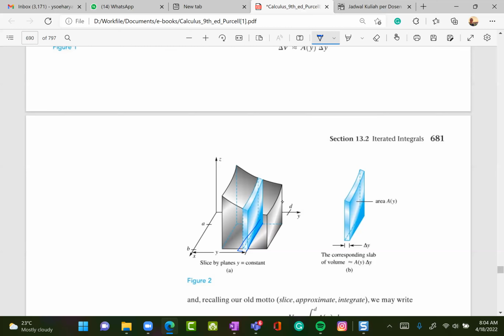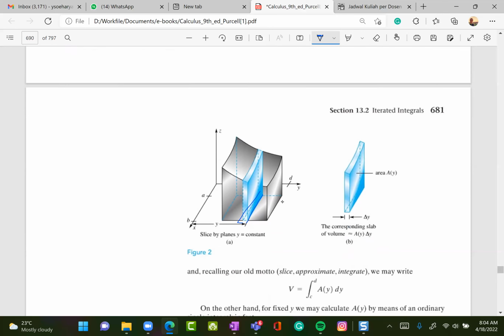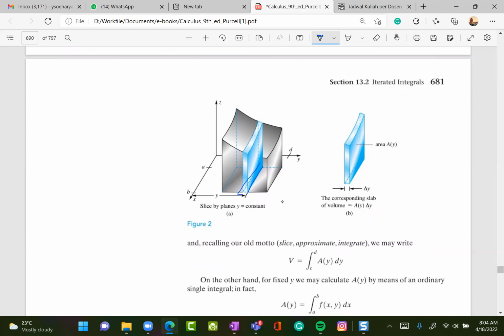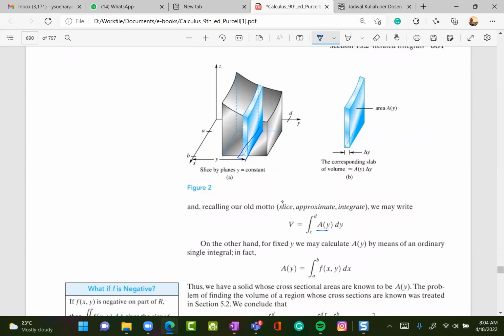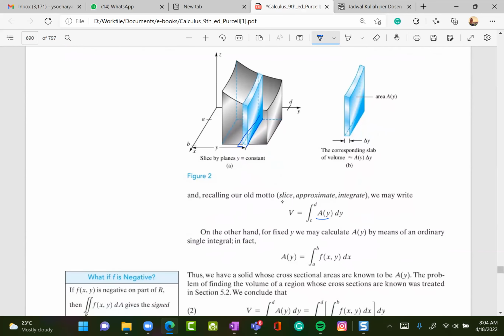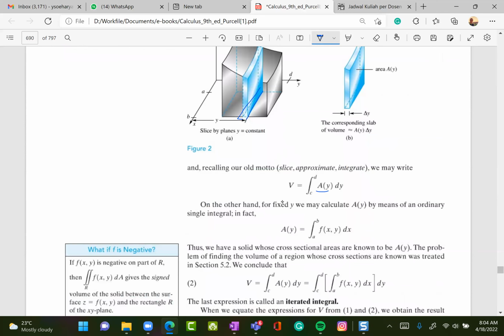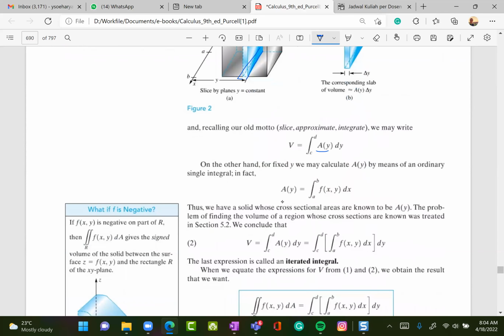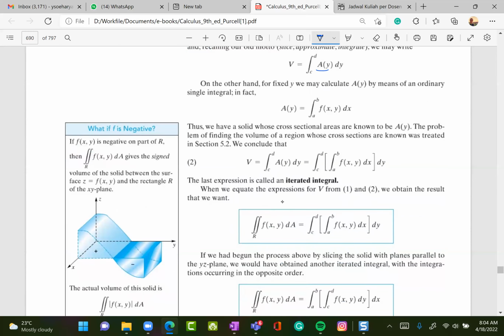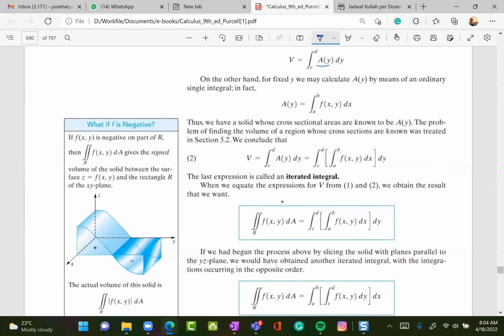So you compute the volume of this slice, which is the area of the slice. Okay, and then you compute again the whole thing, integrate. So this is iterated.